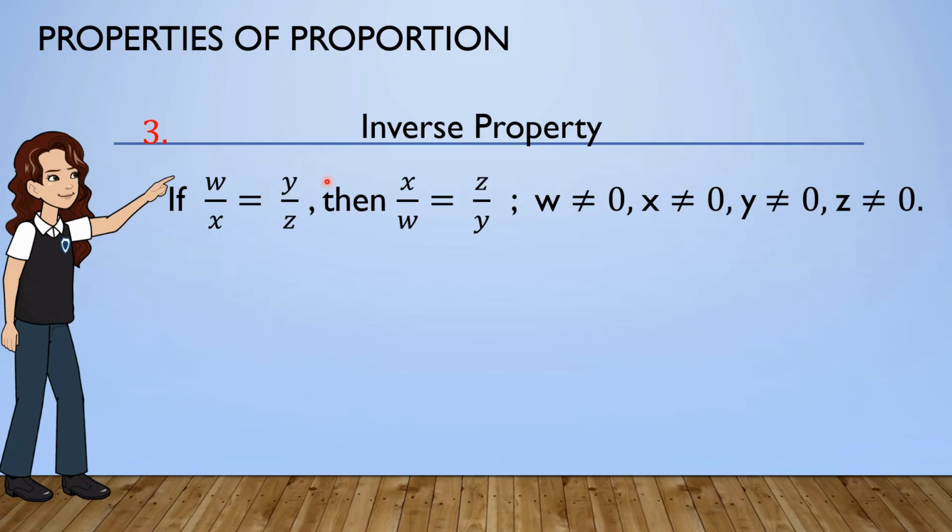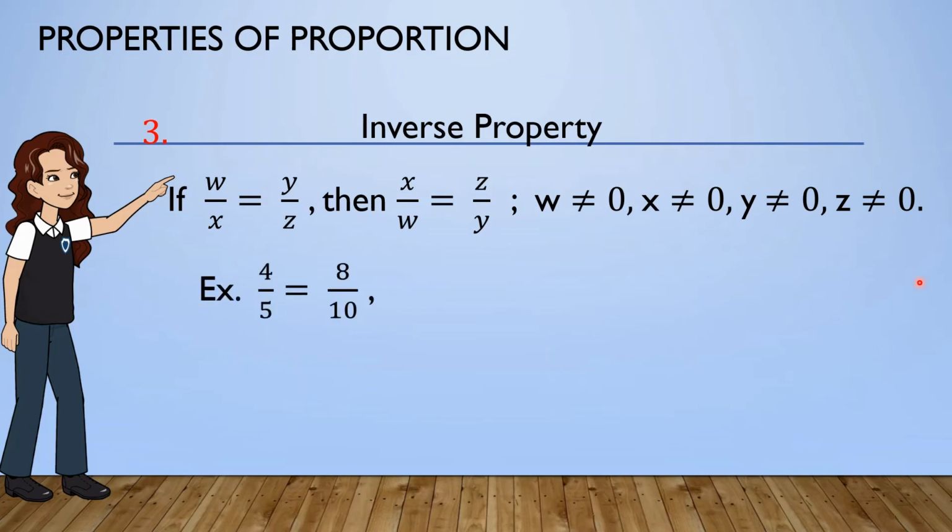So we have X over W is equal to Z over Y, and that we call inverse property. Provided that W is not equal to 0, X is not equal to 0, Y is not equal to 0, and Z is not equal to 0 also.